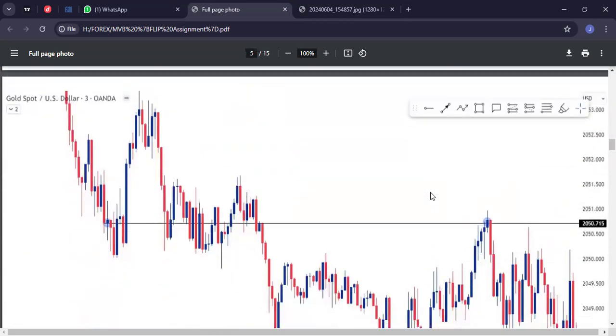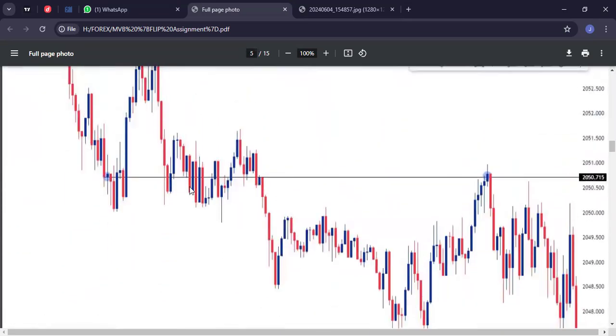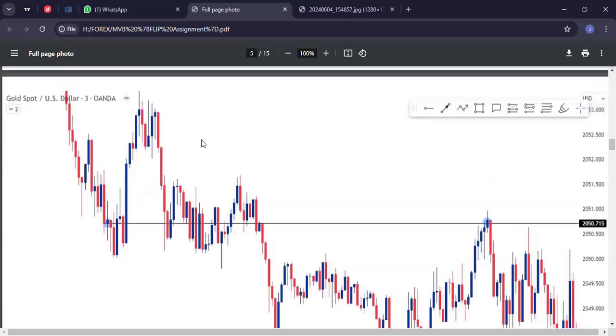Yes, sir. Another example. This was the liquidity engineering here, as you can see. The market took a few pips, but it didn't manage to go above the take profit there. And remember, our take profit is always the turning point.